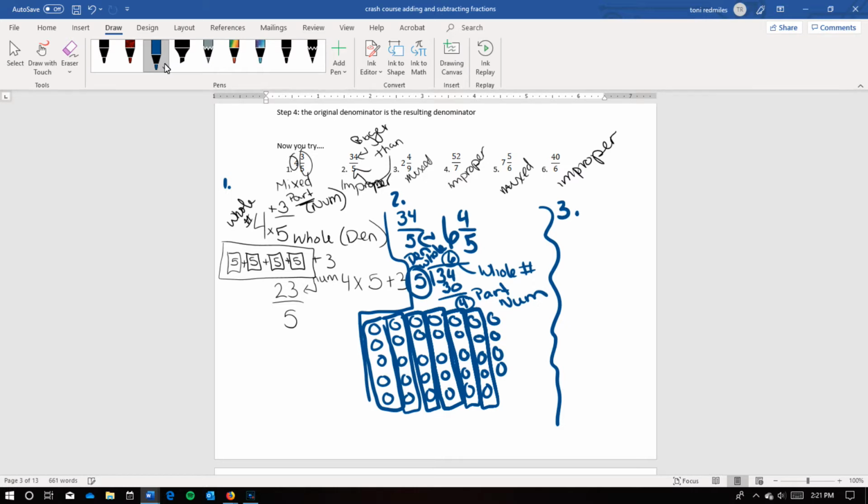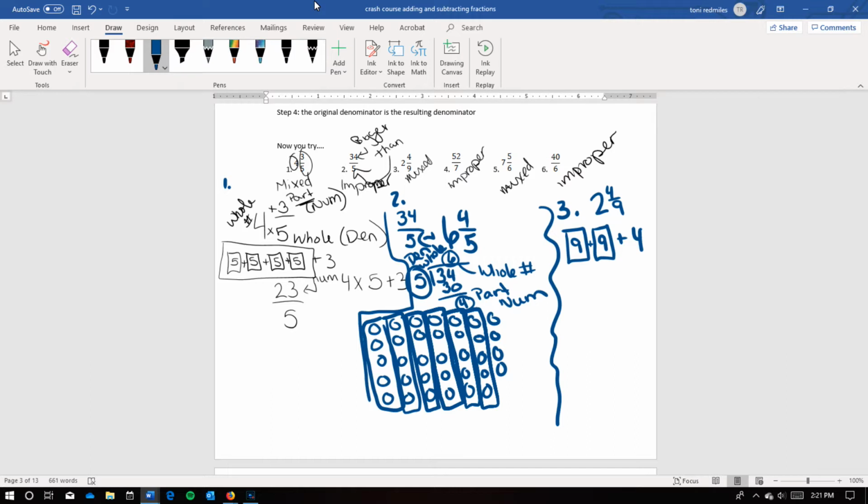Let's go ahead and do number 3, and then I'll erase. Okay, so number 3 is a mixed, and I need to turn it into improper. Now remember, I can either model it. I have 2 bags of Skittles with 9, and then 4 left over that didn't go anywhere.